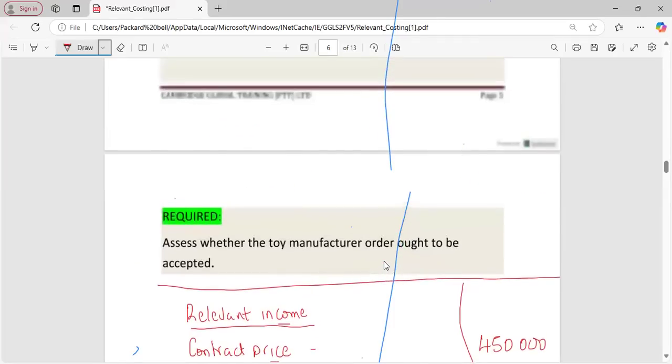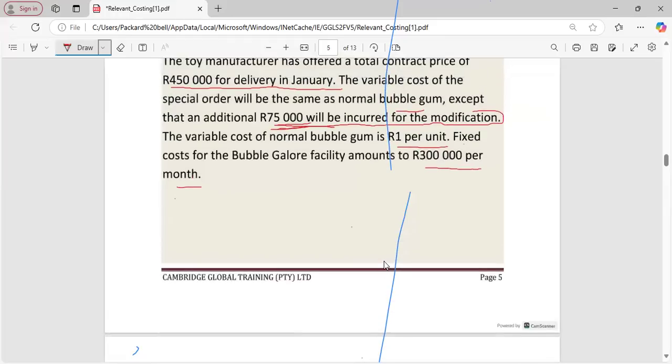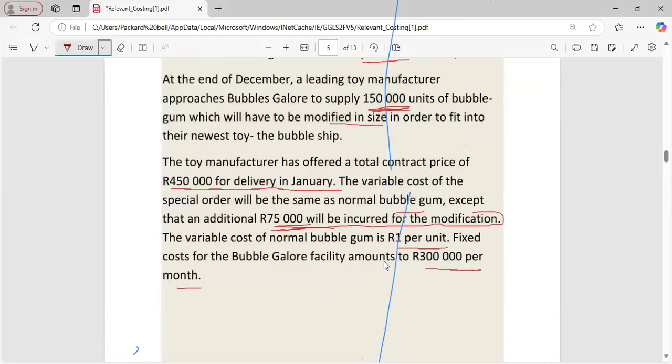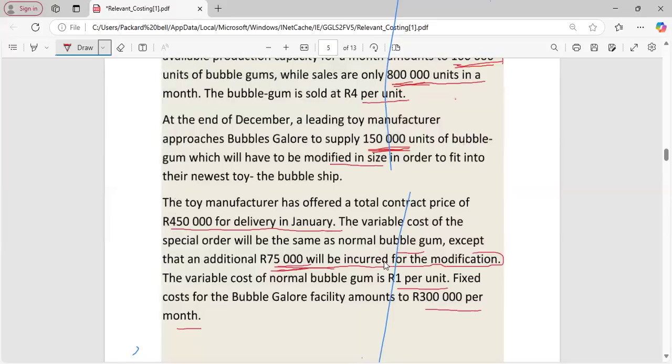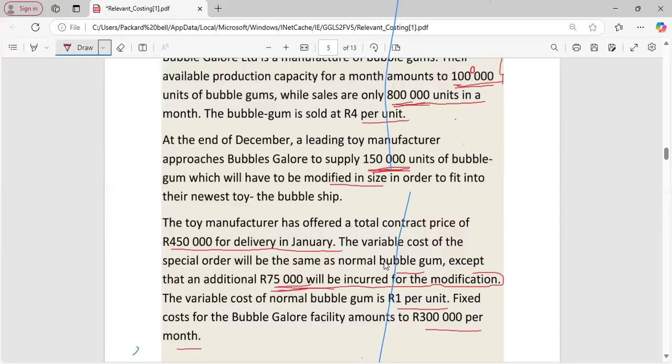You guys, are you following? Is everyone following? This is not something that you should be struggling with in the exam, as long as you understand your topic. Like here, we are looking at the relevant cost. Who else is going to be a relevant cost here? From the question.